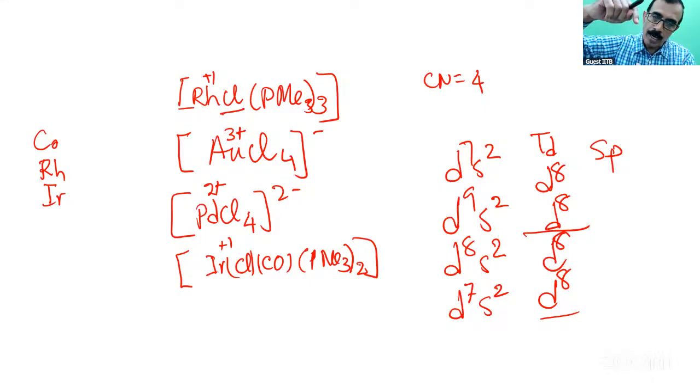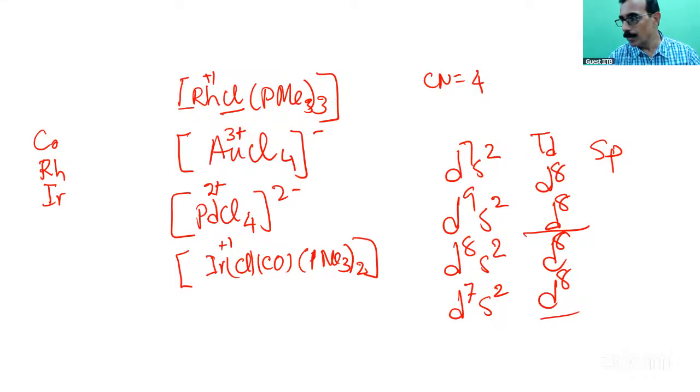Ligands approaching along z direction miserably fail to establish a bond because of strong repulsion between the ligand electrons and the metal electrons in the dz square. As a result, these 2 ligands will not come, and it has only 4 ligands, so it will have a square planar geometry.